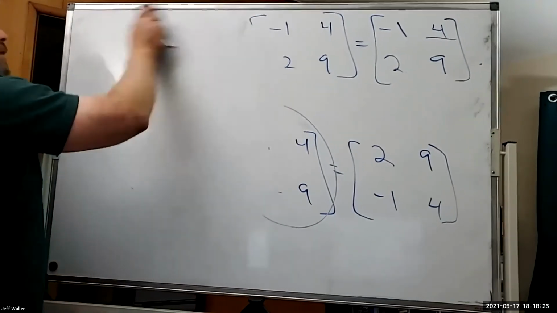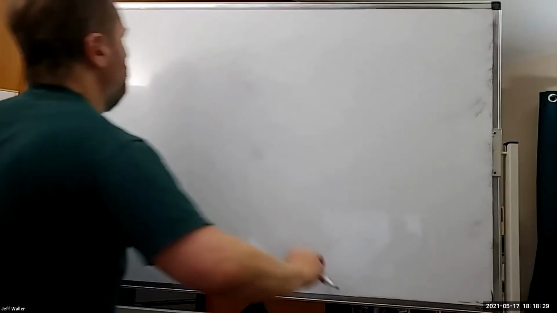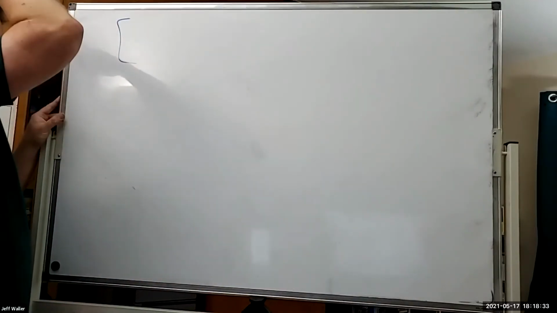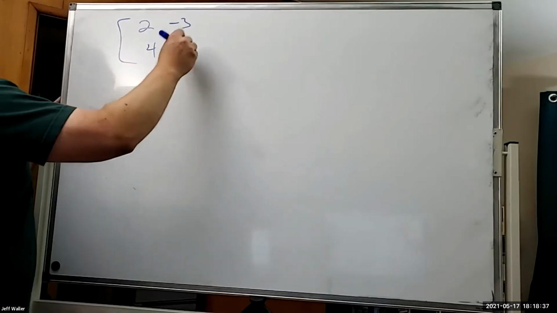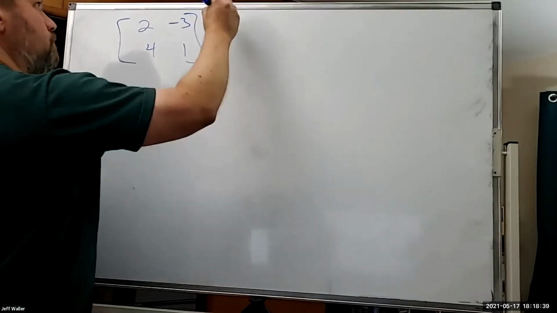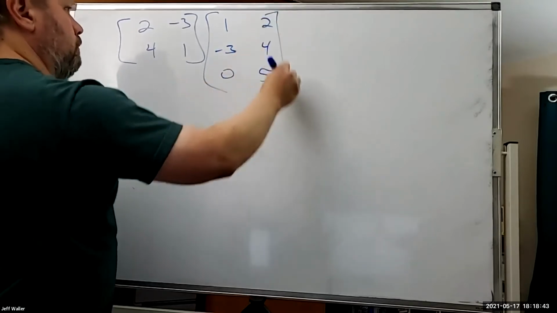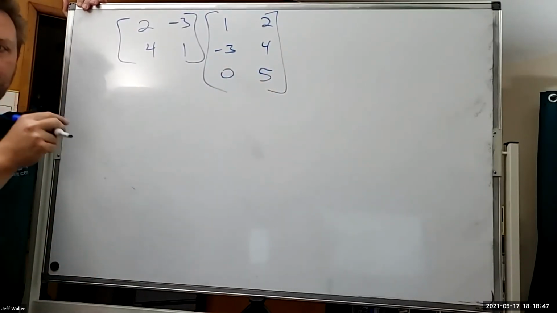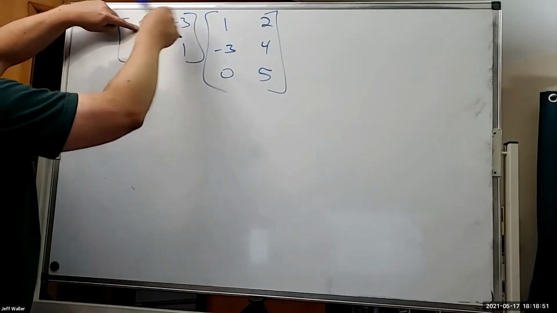So let's make some bigger matrices, or some different ones, and see if I can multiply them. Can I multiply these together? What do you think you have to check? What would I try to do? I would try to do this times this.